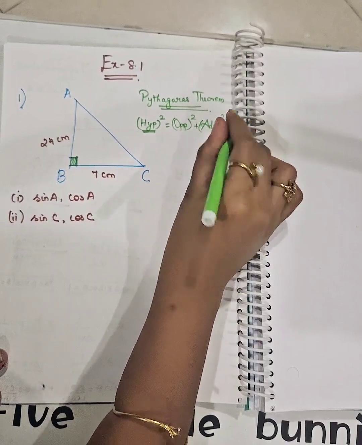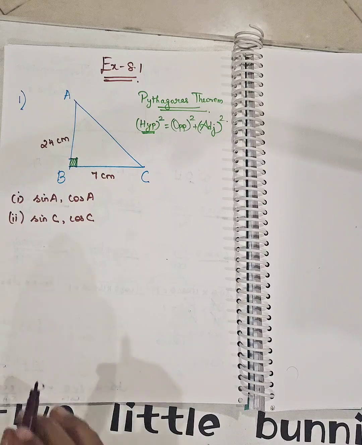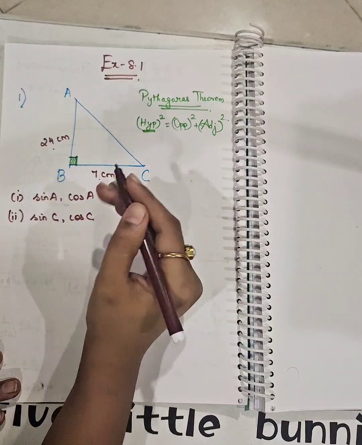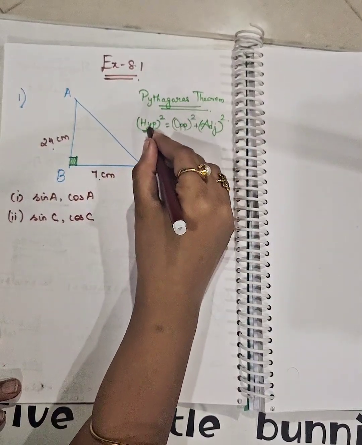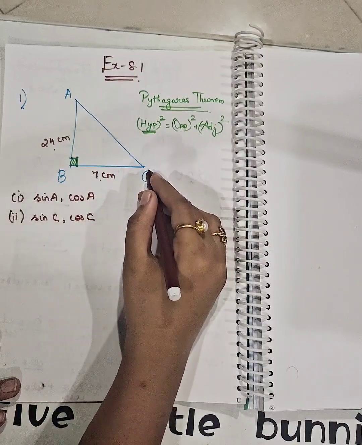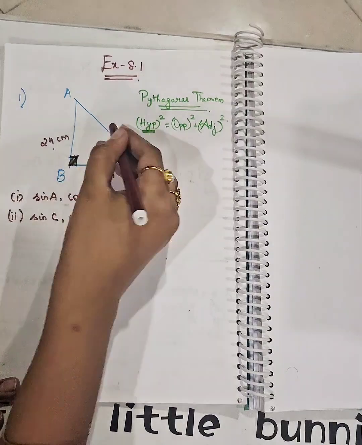This is the very important and basic formula. Let us apply. Already we know two sides over here, and we need to find the next side. Do we know the hypotenuse side? Which is the hypotenuse side? The longest side, opposite to the right angle.